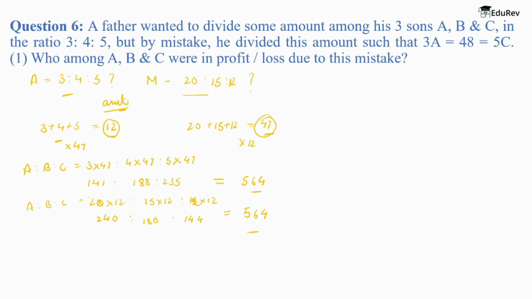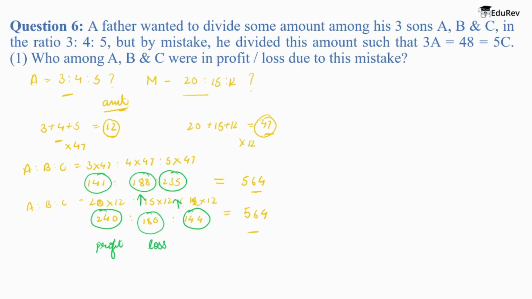So now if we talk about 141 and 240, which one is greater? 240 is greater, so A is in profit because he got more amount. When we talk about B, 188 was the actual and by mistake he got 180. So 188 is greater, so he is in loss. When we talk about C, 235 was the actual and 144 was by mistake.